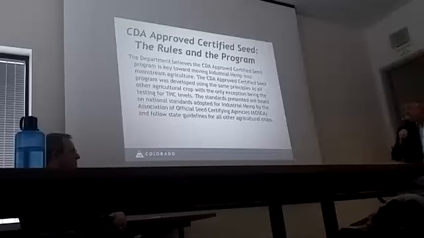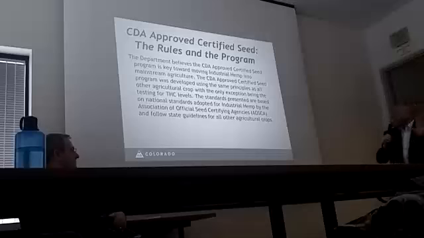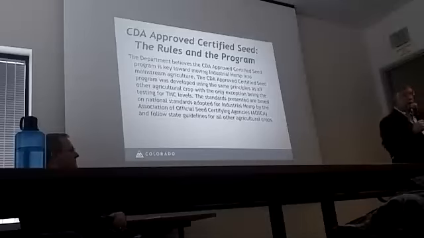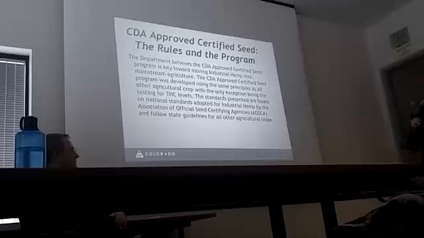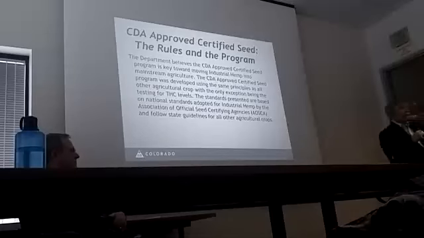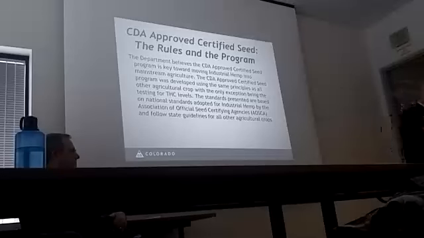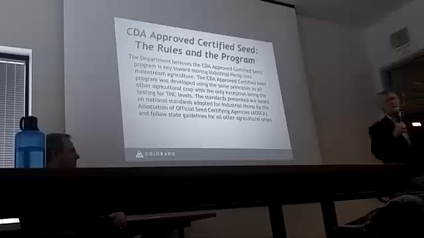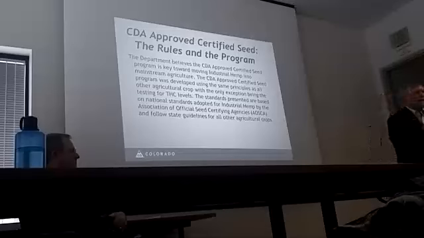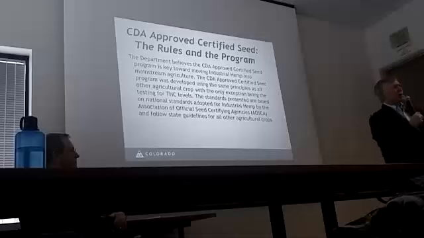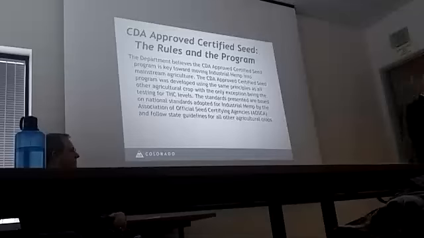The standards you'll see here are based on national standards adopted for industrial hemp by the Association of Official Seed Certifying Agencies and follow the state guidelines for seed labeling laws, all those things. So this is not the department inventing the wheel. This is the department working with other state certifying agents to make sure that this is a normal process. It is a traditional agricultural process.